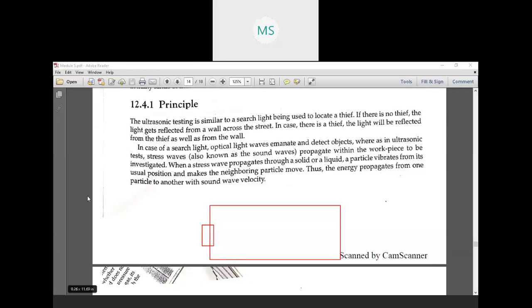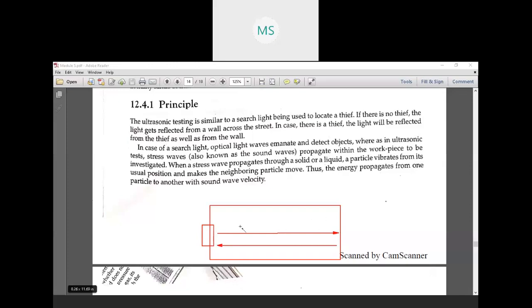The ultrasonic probe sends the signal to the wall, catches back the same frequency, and notes down the time. So this is the ideal time for the sound to travel and return.